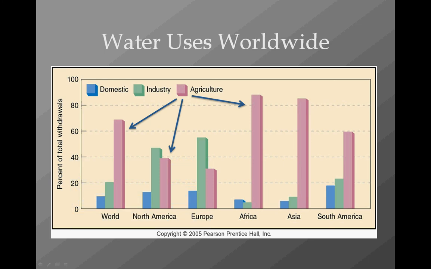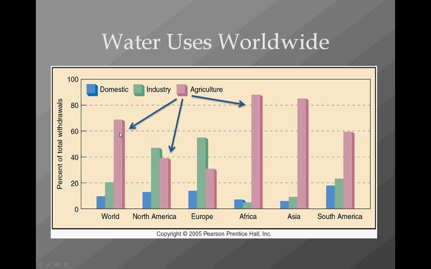If we look at water uses worldwide, we see that generally speaking, the most important use of water worldwide is through agriculture. Irrigation is the predominant use. Here we see this graph showing different divisions, that is different continents, and here the worldwide summary.